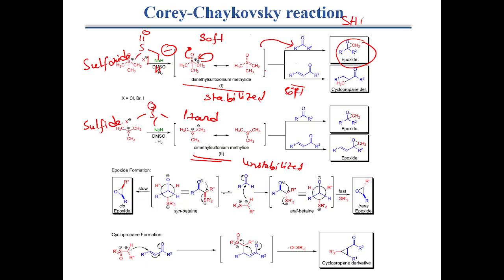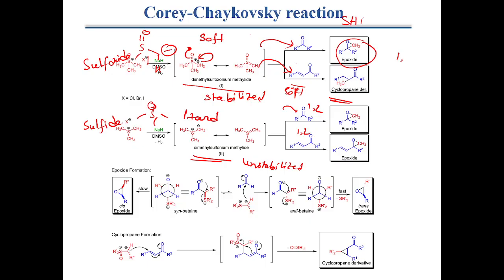So for this soft-soft interaction, this methylide reacts in the 1,4 fashion, giving cyclopropane here. But in these cases, as it is a very strong or hard nucleophile, it directly attacks at the 1,2 position. In this case also there is a possibility of 1,2 addition. No 1,4 addition is happening.